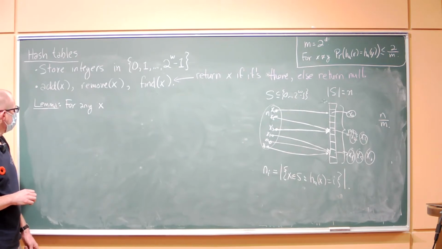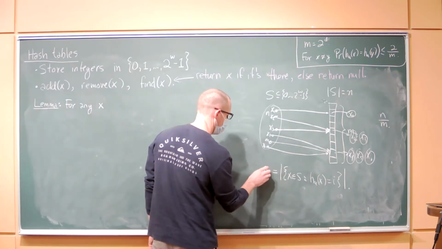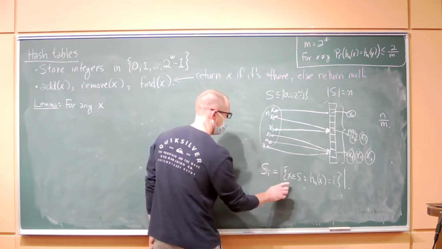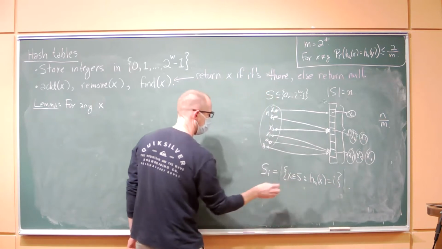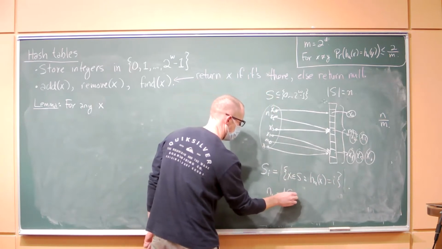For any x, and actually let's even say, S_i is the set of things that go to table location i, and n_i is the size of that set.